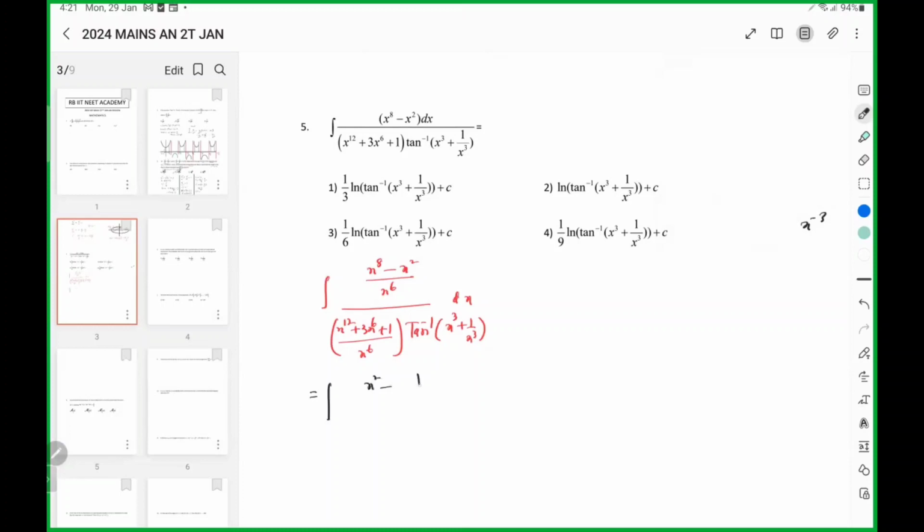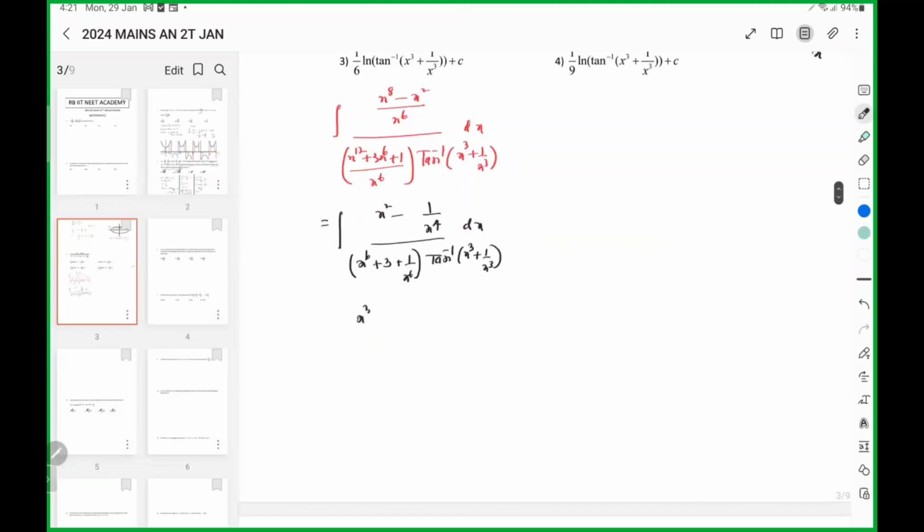Then x square minus 1 by x power 4, x power 6 plus tan inverse. Take x cube plus 1 by x cube as t. So 3x square minus 3 by x power 4 dx gives dt.